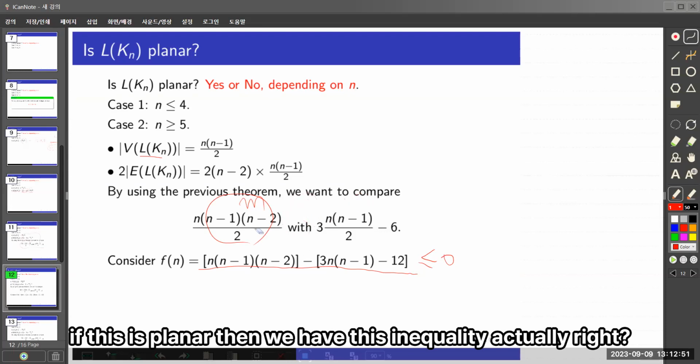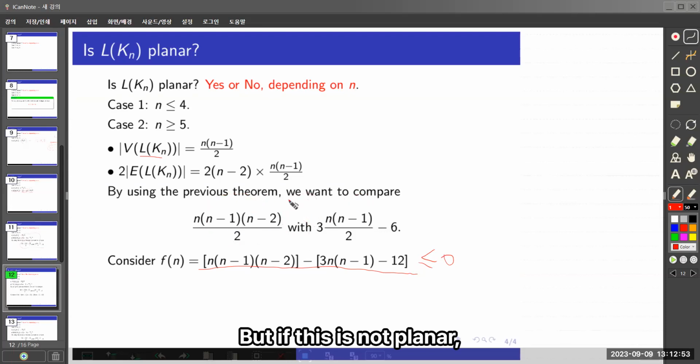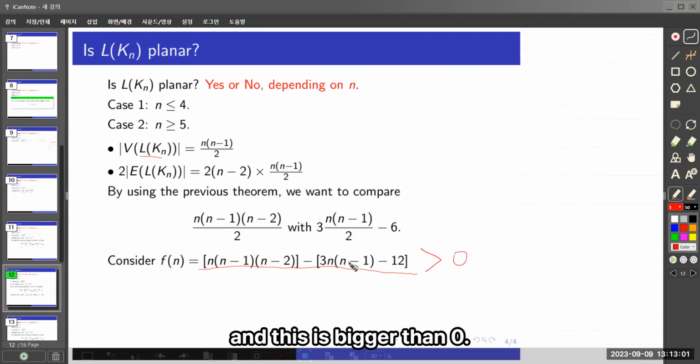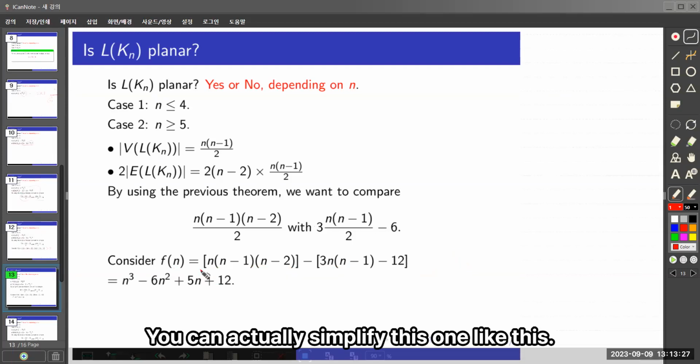But if this is not planar, then definitely we have this situation, and this is bigger than 0. So if we can show that for n greater than or equal to 5, f sub n is bigger than 0, then we're done. You can simplify this one like this.